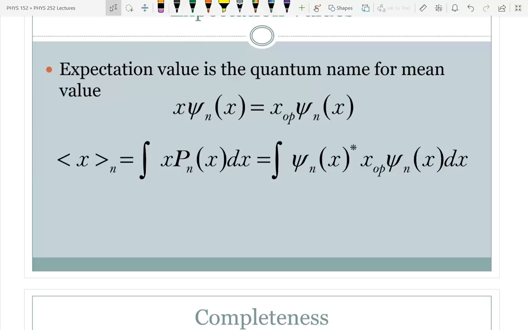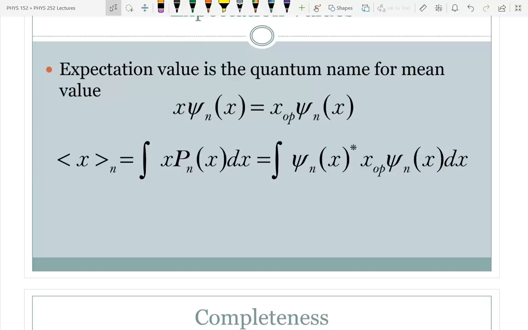For instance, the Hamiltonian operator returns the kinetic energy plus the potential energy. The energy operator, which we talked about the first day when we had the Schrodinger equation, i h bar partial derivative with respect to time, returns the total energy. The position operator is the simplest one.